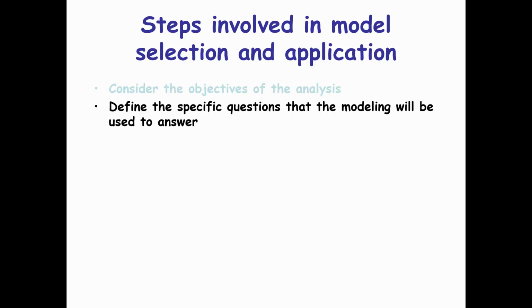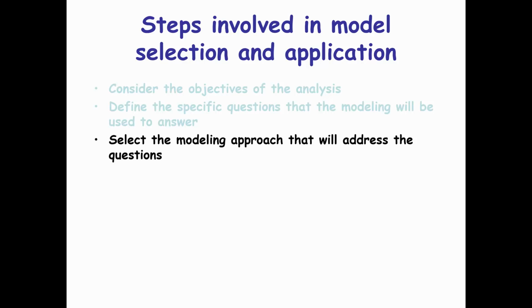Are you trying to find out what effects there will be or how much benefit there will be from stabilizing a stream channel or a bluff in a watershed, the effect that that might have on water quality downstream? You need to be able to specify what the objectives are to be able to select your model.